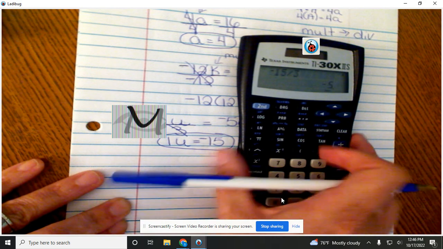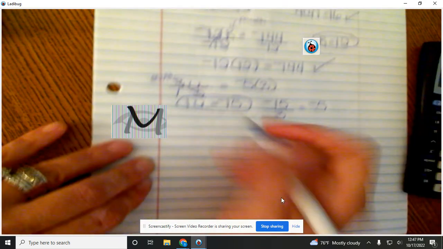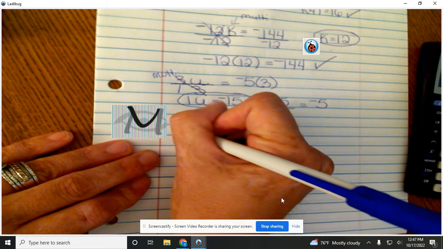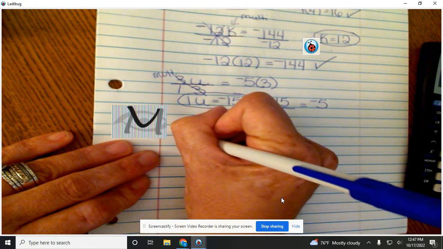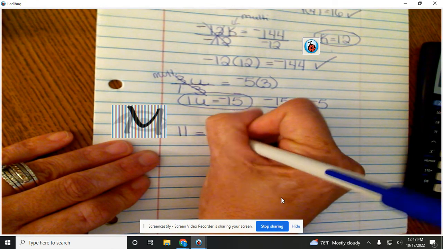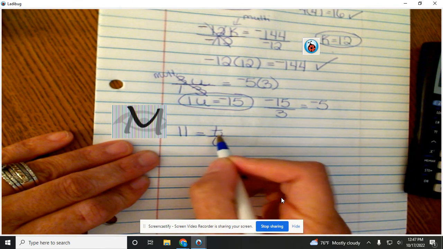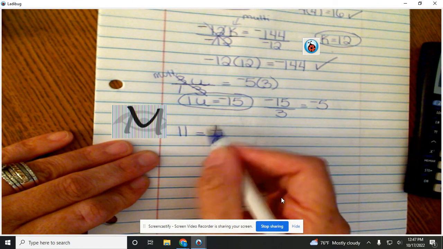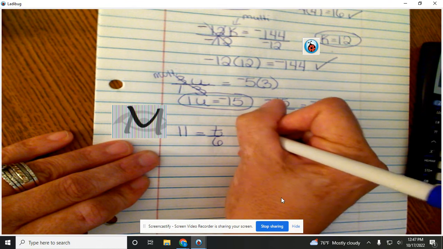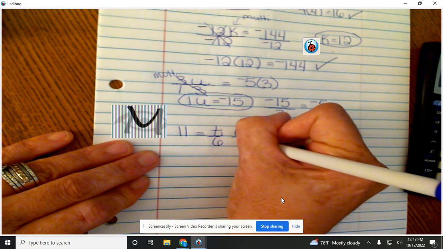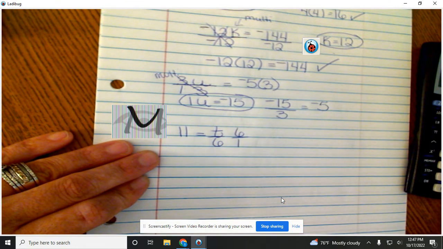And we'll just do one more just to make sure we understand everything. So we have 11 equals t over 6. I want to get t by itself, and since this is division, I'm going to go over here and multiply it by a regular 6.